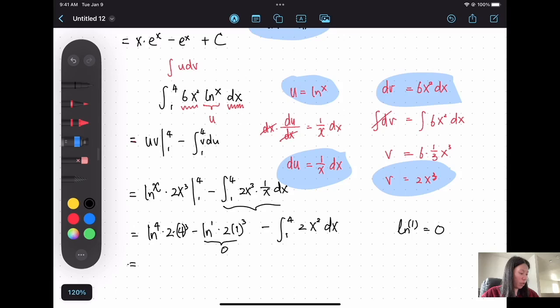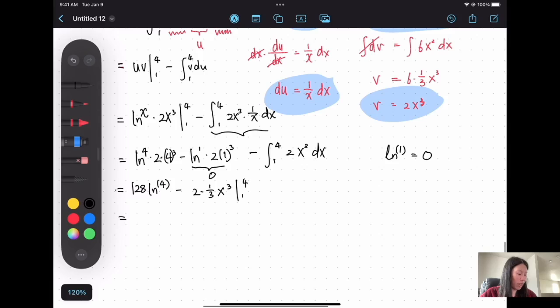And then for this part, I got 128 ln of 4. And then subtract whatever integration this is. This one is equal to 2 times 1/3 x cubed, and then from 1 to 4.